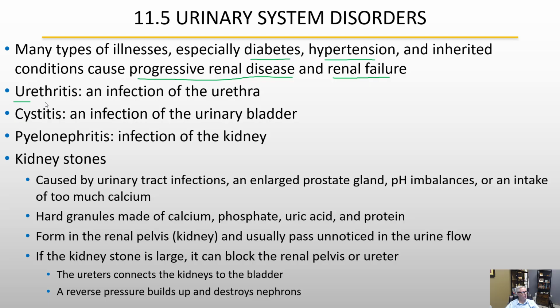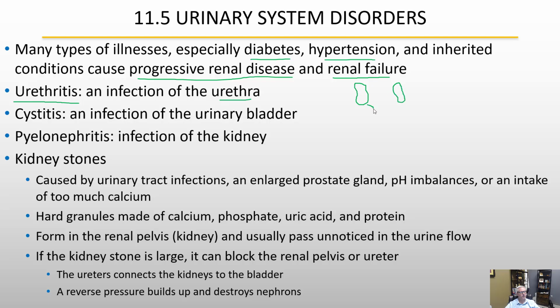So the first thing is urethritis, which is just an infection of the urethra. Now, just to go back to some anatomy of the whole urinary system, we have the kidneys. The kidneys kind of look like this. We have two kidneys.